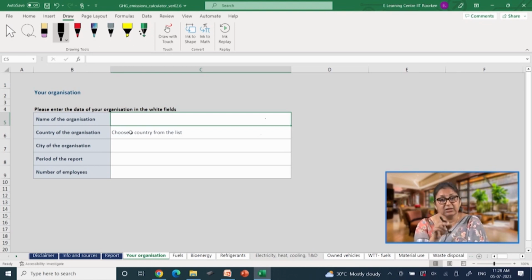In case the country specific emission factors are not available, the default emission factors given by UNFCCC and IPCC are put in. For countries where specific emission factors for that particular activity are available, those are used. Here we are also clearly mentioning the number of employees.